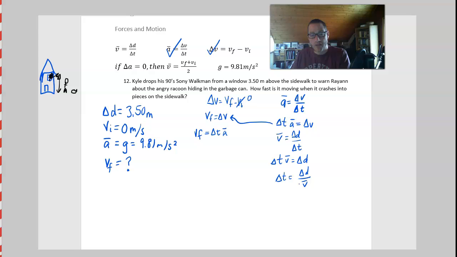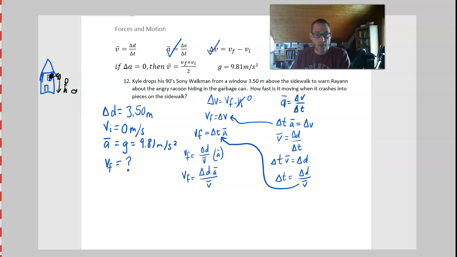So now we substitute this into here. We have VF is equal to delta D over V bar, all of that times A bar. Now we can multiply that out just so that it's all looking good: delta D, A bar, divided by V bar.